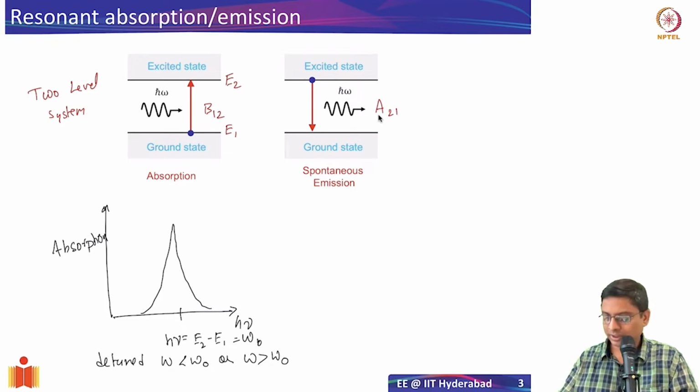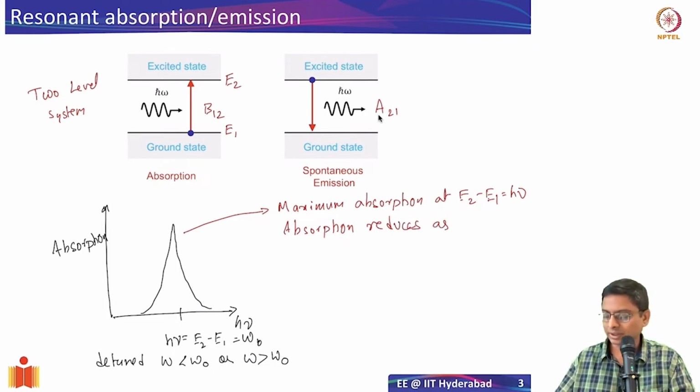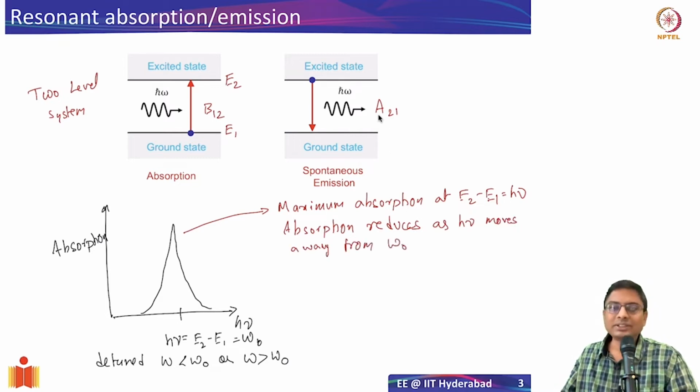So in effect, what you're observing is, in a resonant process, the maximum absorption occurs at E2 minus E1 equal to h nu, and then absorption quickly reduces as you move away from the center, as h nu moves away from, let's say, omega naught. Okay. So this is a resonant process.